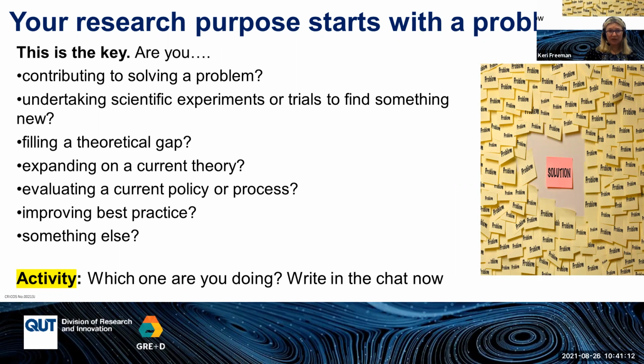Are you trying to find something new? Is it a theoretical gap? Are you going to help improve best practice? It might be something else. Which ones are you doing? You can write it in the chat now. Have a think about it. Are you evaluating the way something is already done? Are you going to come up with something completely new? Does anyone want to write in the chat right now?